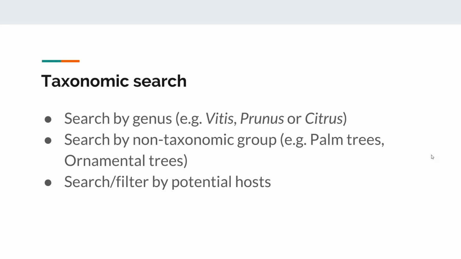There is a new graph database that can be used to make this analysis; this is something we can discuss with the IT staff. Search for non-taxonomic groups is something that is already requested, and also creating a way to search and filter by potential hosts.